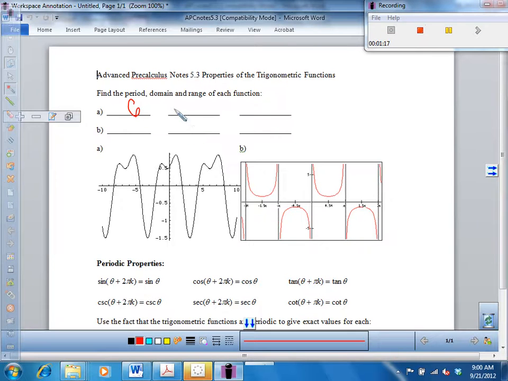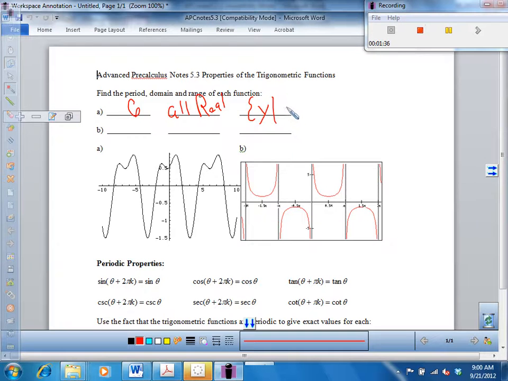The domain appears to be all real numbers, right? And then the range, they write it like this: y, and then they draw this little bar.